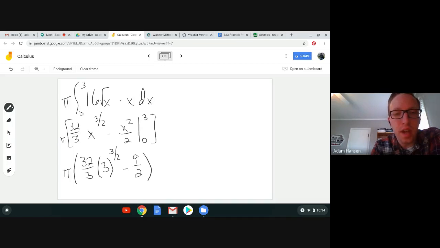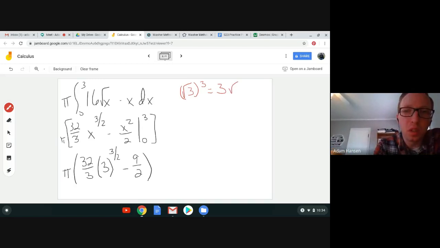Three to the 3 halves. That's the square root of 3 to the third. So that's the square root of 3 times the square root of 3 times the square root of 3, which would be 3 square root of 3.